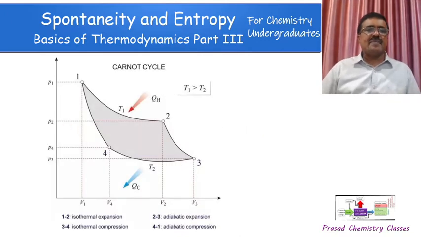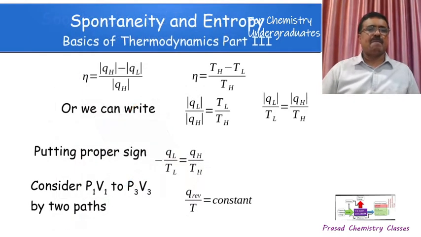The Carnot cycle can be represented like this. We have the isothermal expansion, adiabatic expansion, isothermal compression, and finally adiabatic compression. That is the complete Carnot cycle. It goes from P1 V1 to P2 V2, P3 V3, P4 V4, and back to P1 V1. A gas is the working substance in the Carnot cycle.